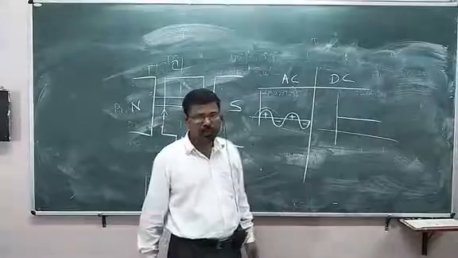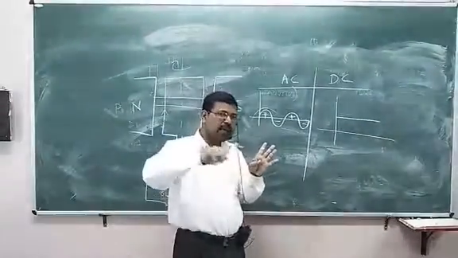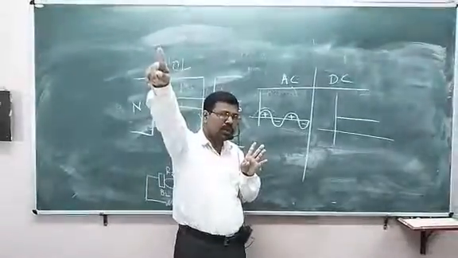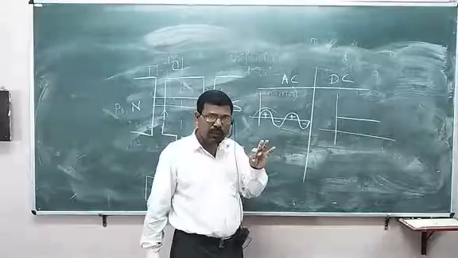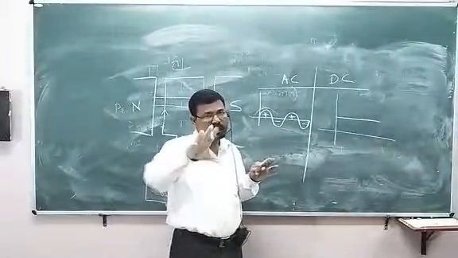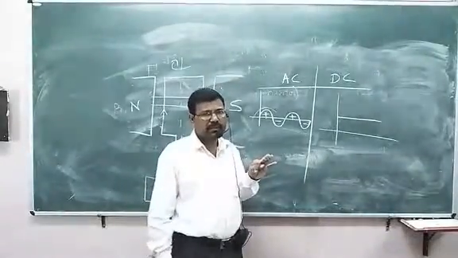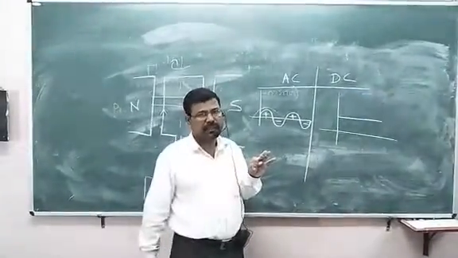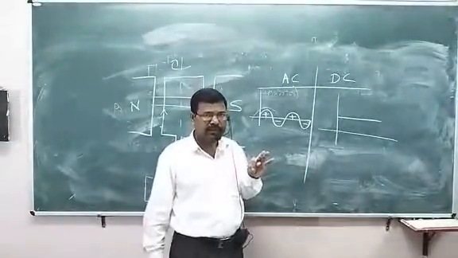AC to DC is cheaper. So first one is AC can be transmitted to a long distance without much loss of electric power. Second one is AC can be converted into DC at a low price, at cheaper rate. Easily it can be converted by using a rectifier.